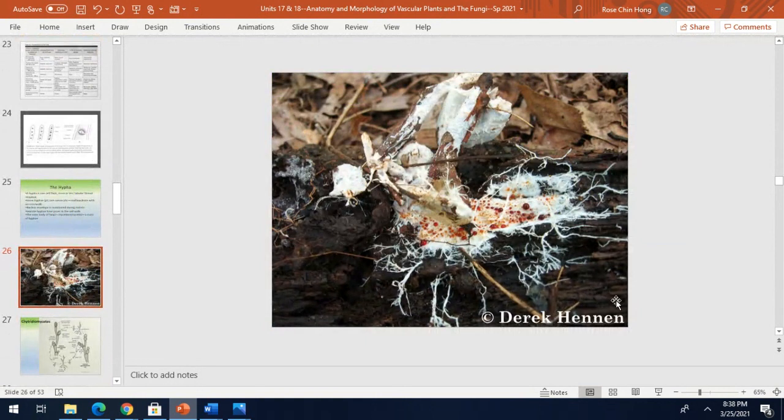Here you can see the hypha, the thread-like structure, and then they form this thick mat-like structure, which is called a mycelium. So here you could see how they are growing on a rotting log, living off the dead matter of this decaying wood.